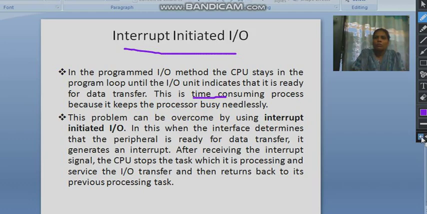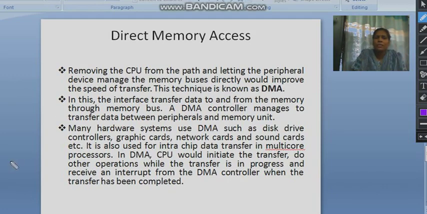Whenever the input output device is available, it interrupts the CPU and tells it that it is ready, so you can perform the IO activity. Now there are still some drawbacks, and performance issues.